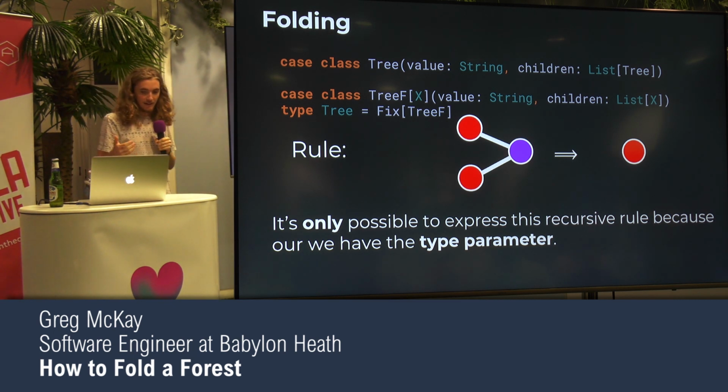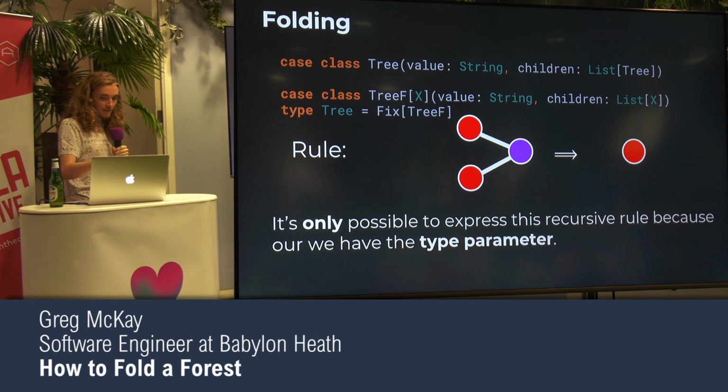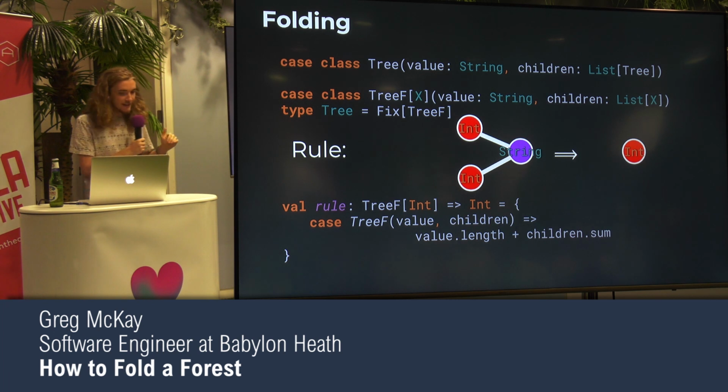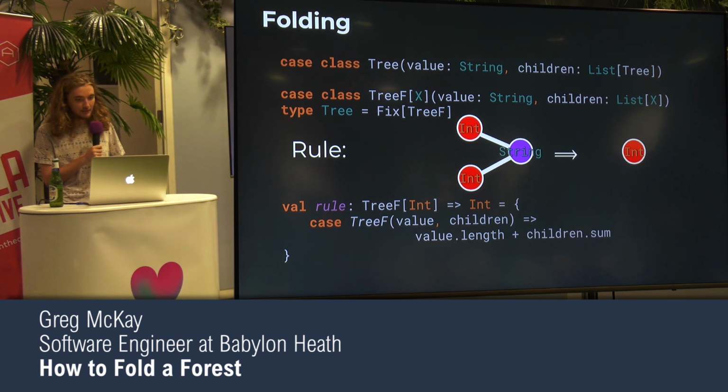Okay? And what this allows us to do is express this rule. So here we have the 2 children can be of different types. So we can do this kind of thing. So we can define a tree f of int, so the children are ints, to an int. Okay?